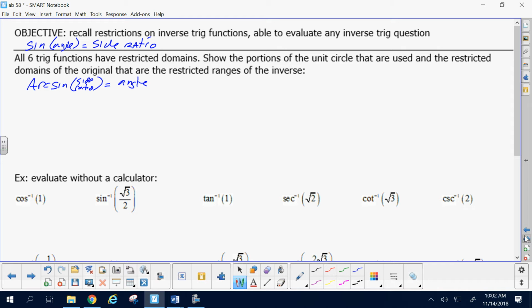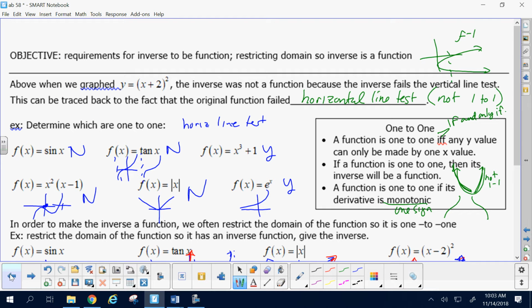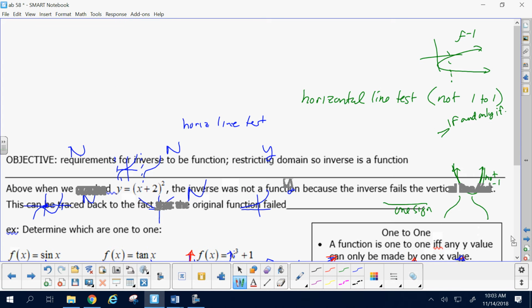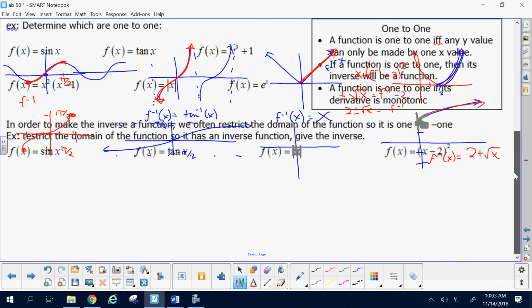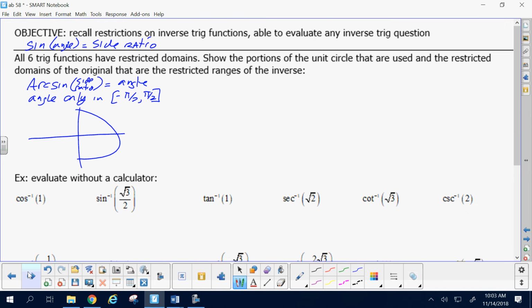But we restrict it so it's a function, and the angle can only be in the negative pi over 2 to pi over 2 region. We talked about that on the arcsine graph. It's only between negative pi over 2 to pi over 2. Okay?